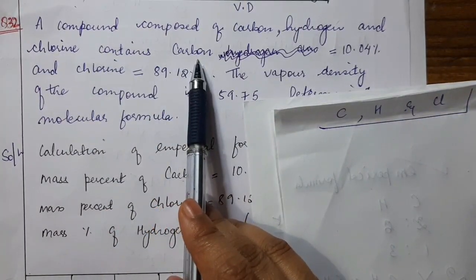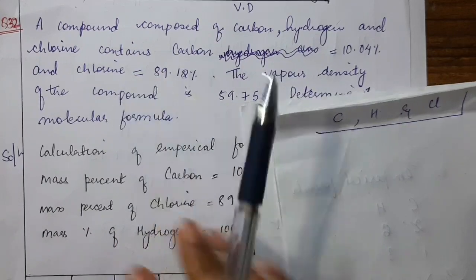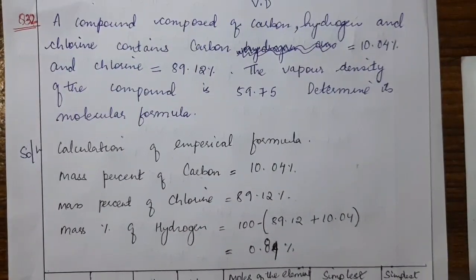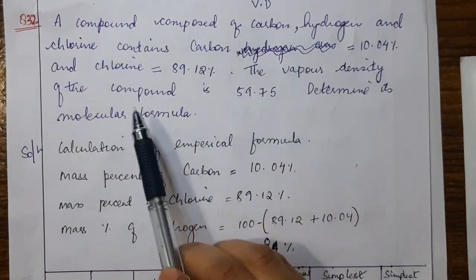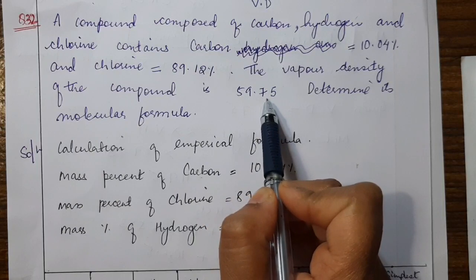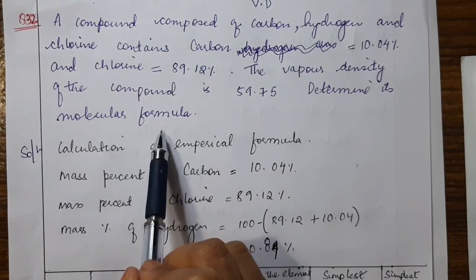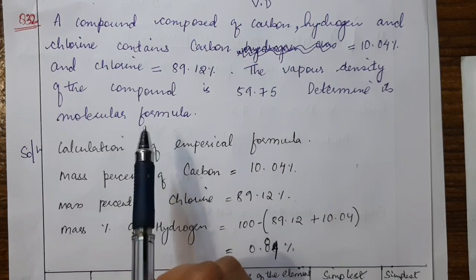Mass percentage of carbon and chlorine is given. Then you're also given the vapor density of the compound, which is 59.75. Determine its molecular formula.